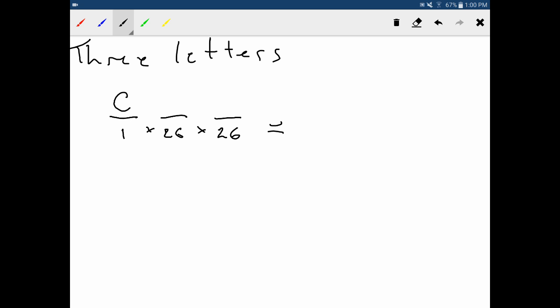So that's why it's going to be 26 both times. And so it's just 1 times 26 times 26, which actually gives you 676. Okay, so there's just 676 different stations.